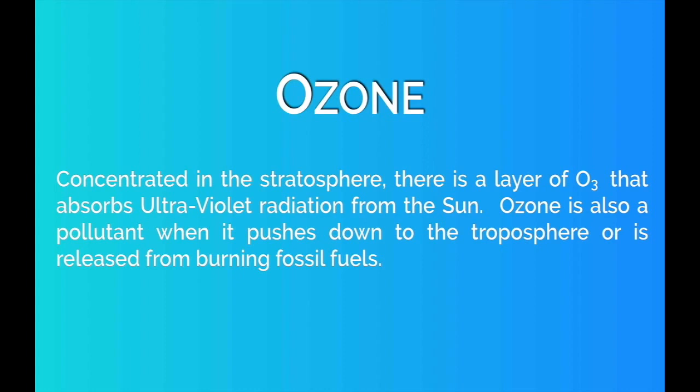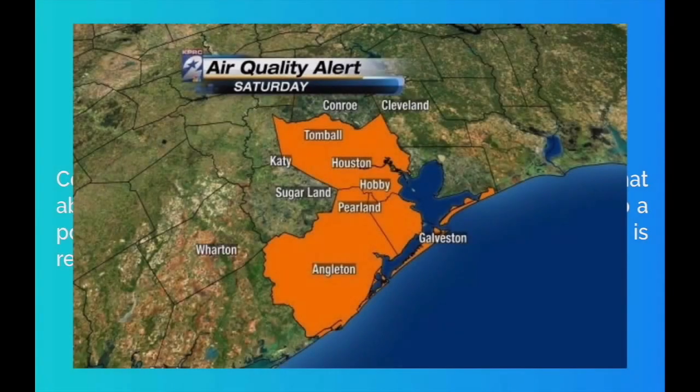But ozone is also a pollutant. Sometimes it gets pushed down into the troposphere, or it's released from burning fossil fuels. Sometimes, and this is not a graphic from here, this is from Texas, in areas where it gets very warm, there could be an air quality alert. What that means is on very hot days, ozone can form at ground level, and our bodies are not designed to breathe ozone.